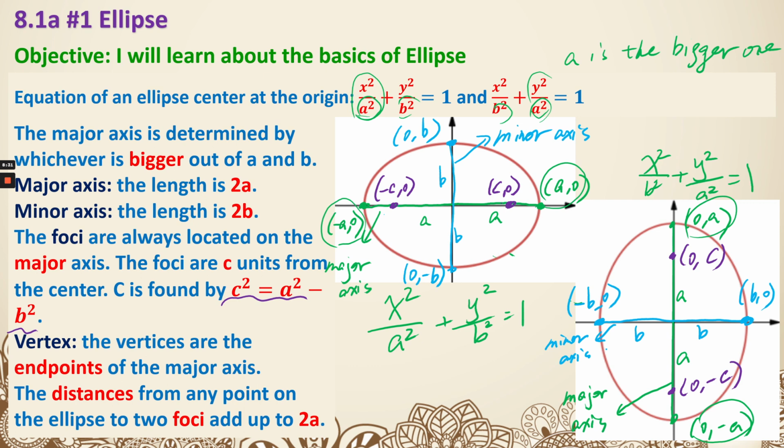Last little bit, the distances from any point on the ellipse to the two foci add up to 2a. So that is basically saying from any point on the graph, let's connect with the two foci, these two portions will actually add up to be 2a. Same thing, let's say you have a point here, that portion and the other portion will add up to the full major axis. So these are some definitions.